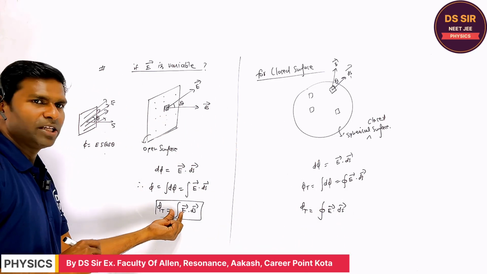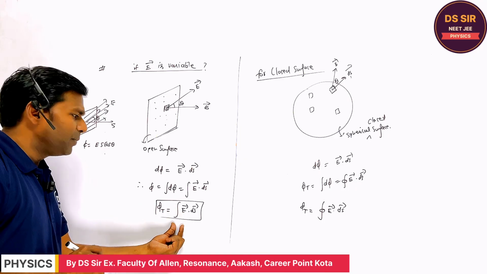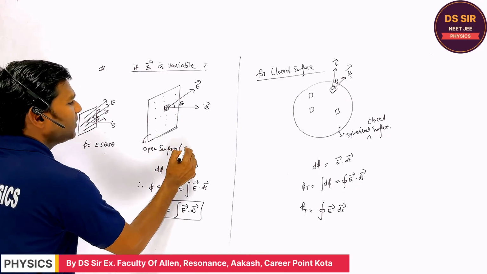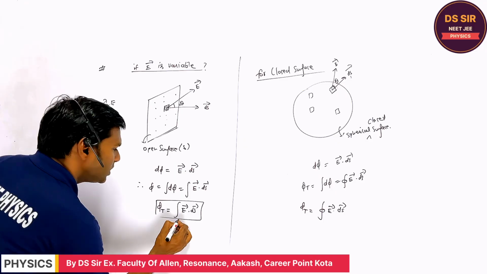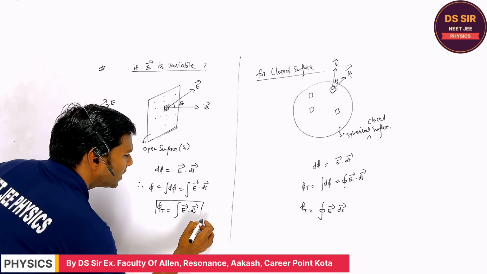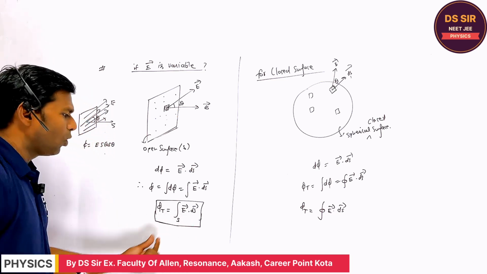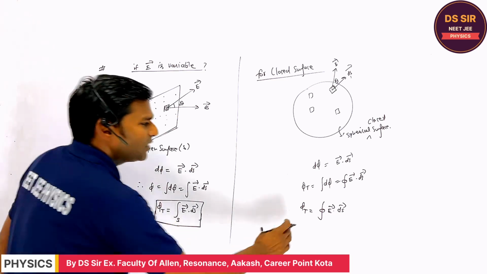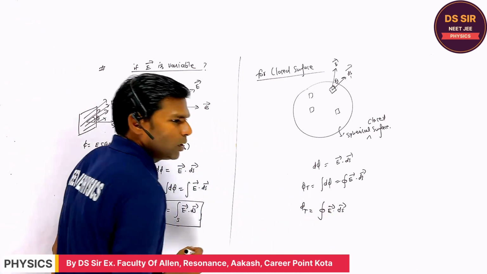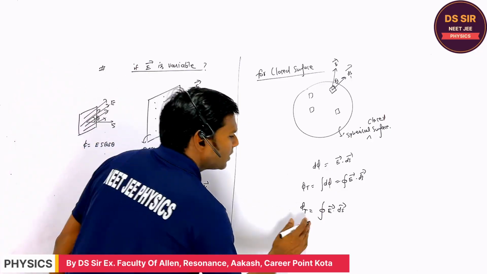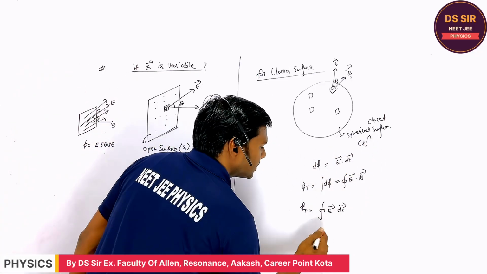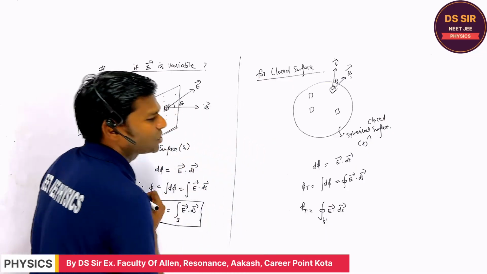This is the integration of E dot ds. It means if the surface name is S, this is the integration of the electric field for the open surface S. And if it has a circle, it is called the contour or the circulation. It means for this closed surface S, the integration is done.